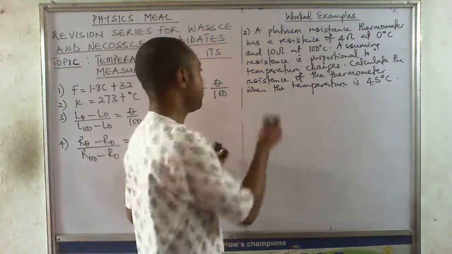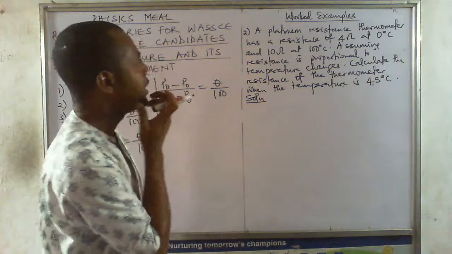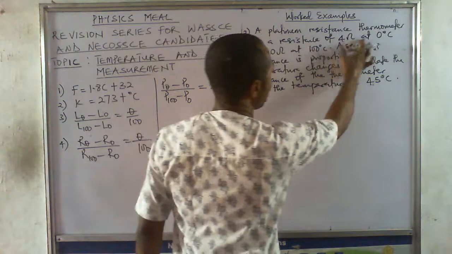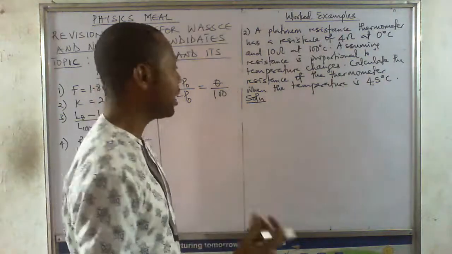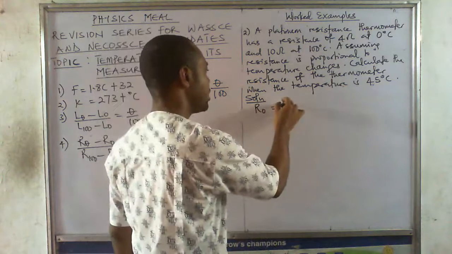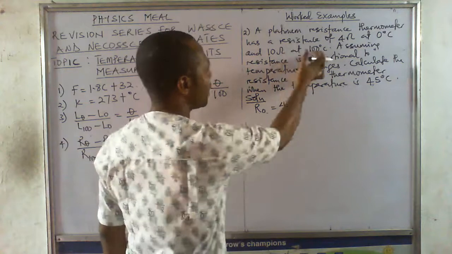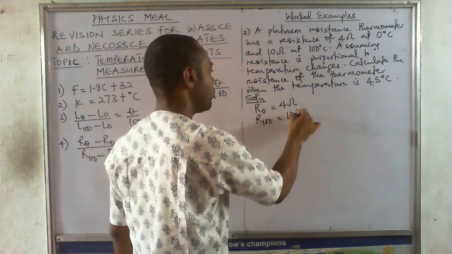A platinum resistance thermometer has a resistance of 4 ohms at 0 degrees, that's at the ice point or lower fixed point. So the resistance at the ice point is 4 ohms, and 10 ohms at 100. So the resistance at 100 is 10 ohms.